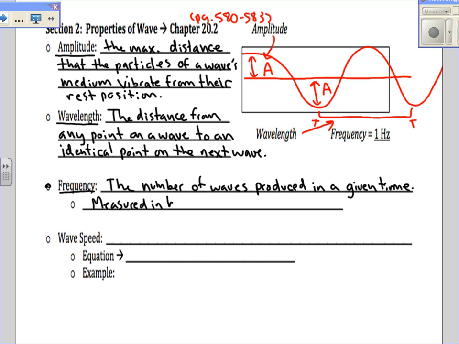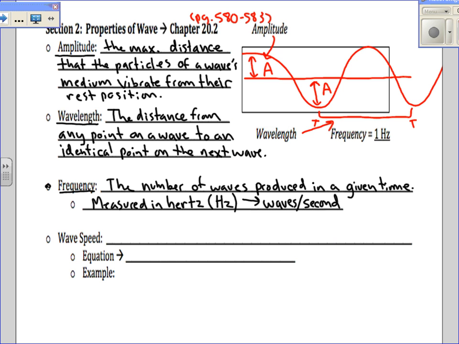This is a capital H, lowercase z, that's hertz.